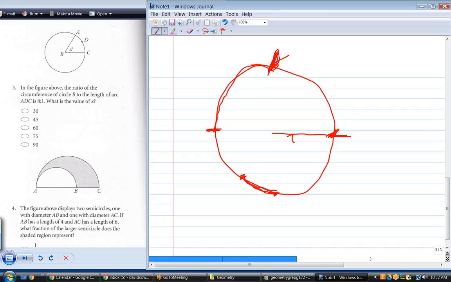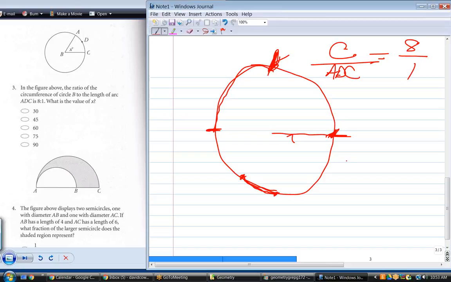Okay, so what they're saying is the entire circumference relative to ADC is 8 relative to 1. What is the value of x?